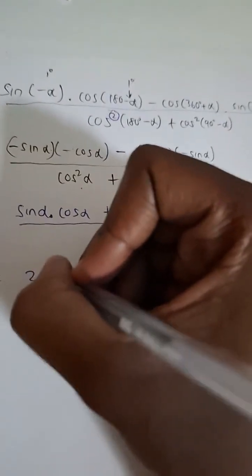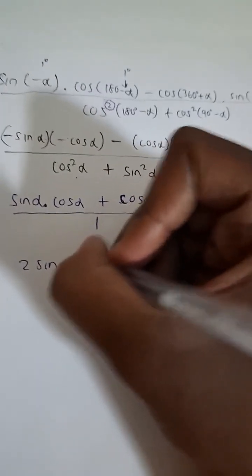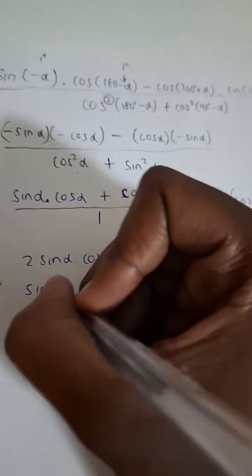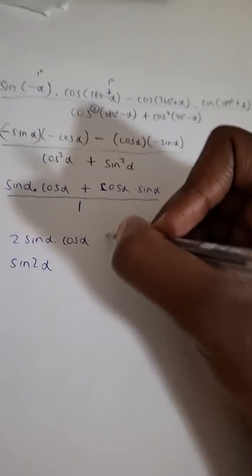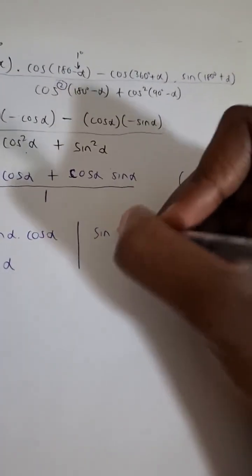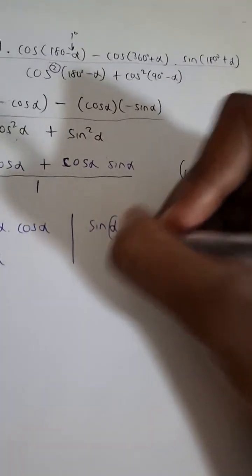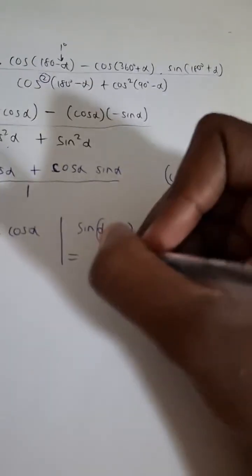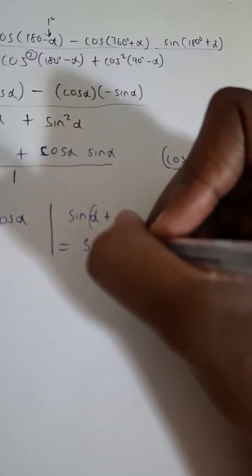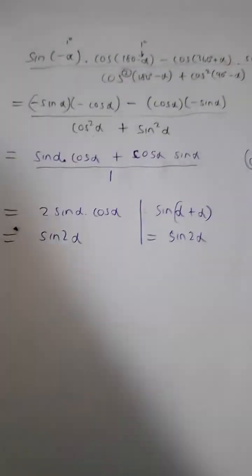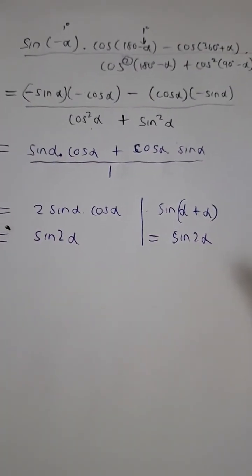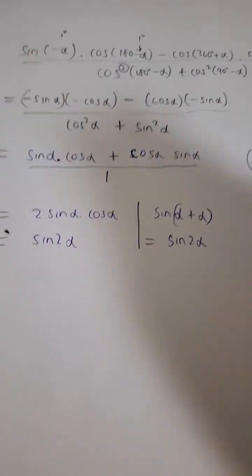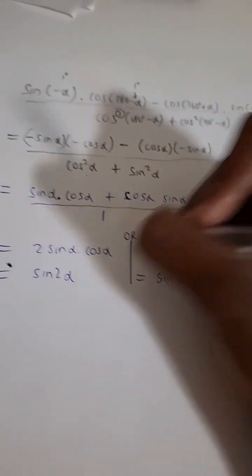So some of you will say sine 2 alpha cos alpha, and then they will write the answer sine 2 alpha. Remember, these are like terms. So that's one way of doing it. Some of you will not see it that way. You will see it this way, and then you'll write your answer as sine 2 alpha. Whatever floats your boat, guys, as long as the steps are correct, we are 100% fine.